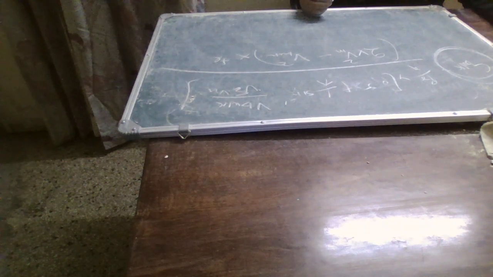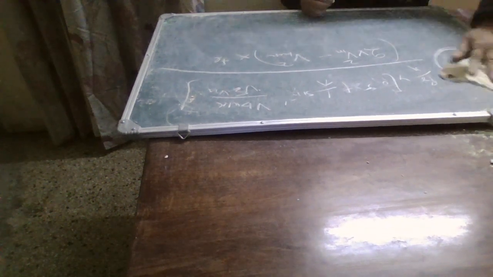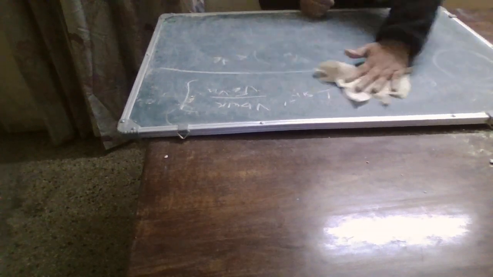And now let's come to the transformer. Suppose the ratio of the transformer I am taking is NPS, that is the ratio of the primary winding turns to secondary winding turns.